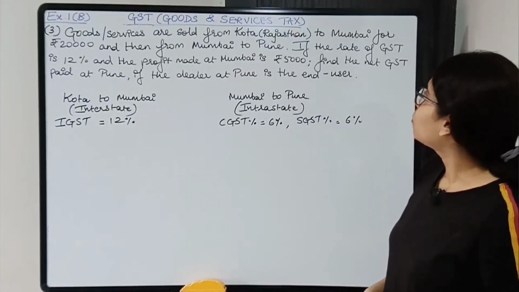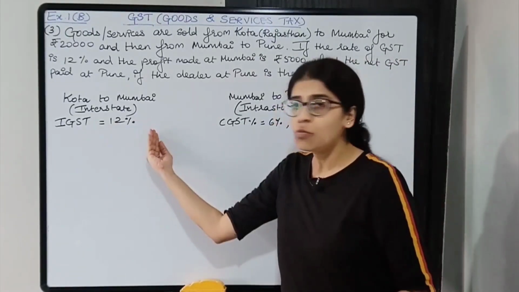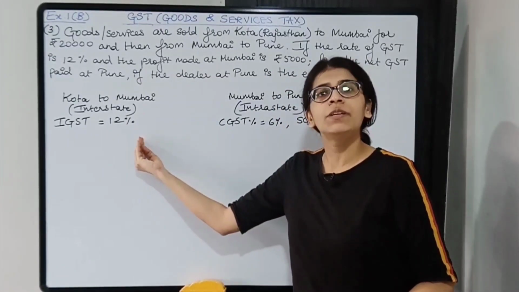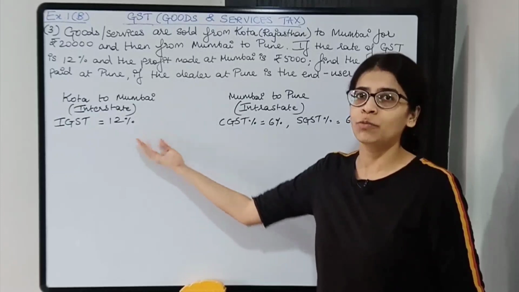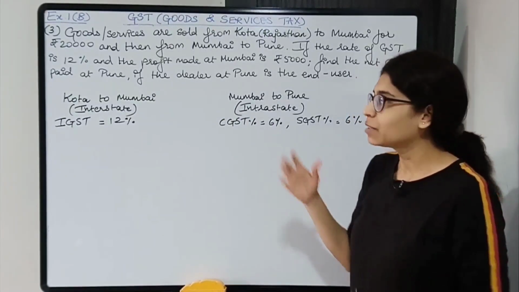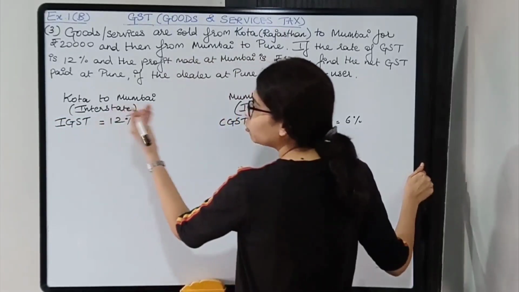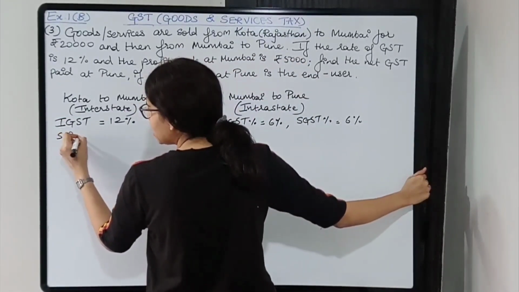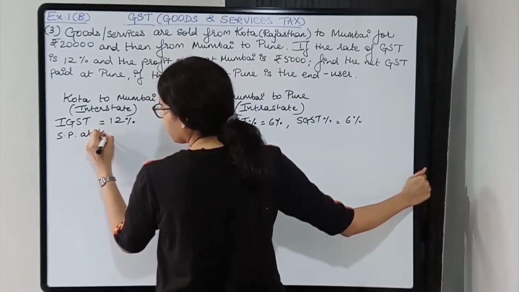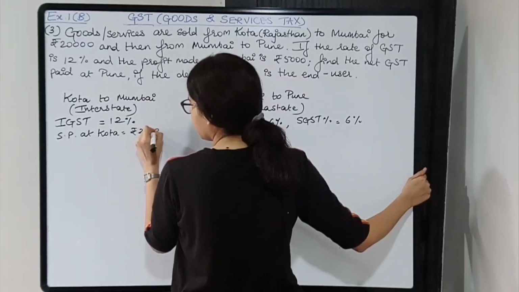Now let's see the proper information given to us. Goods are being sold from Kota to Mumbai for rupees 20,000. So Kota is selling for 20,000 and Mumbai is buying for 20,000. The person in Kota is selling to the person in Mumbai for 20,000. So selling price at Kota is 20,000.